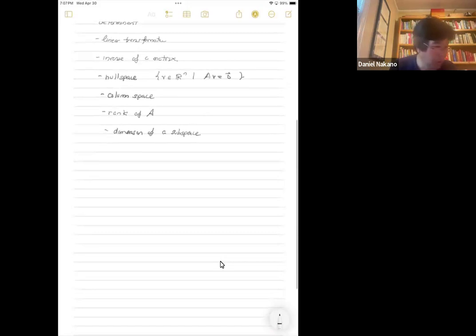Okay, and then a few more. So you should know the definition of an eigenvalue and an eigenvector.